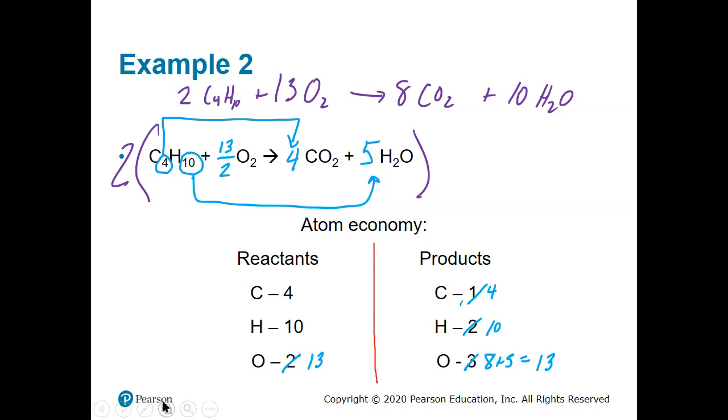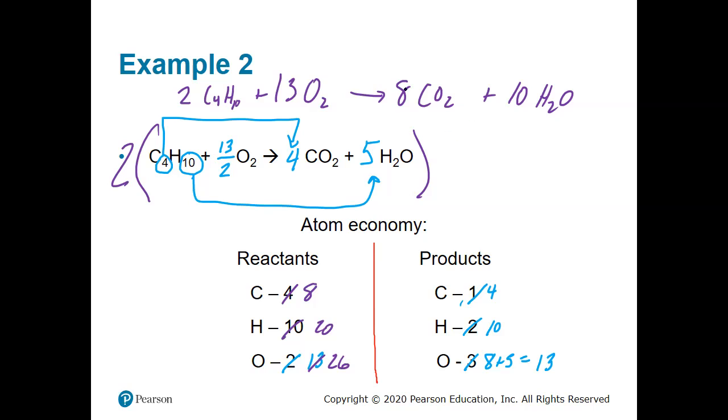Now we can double check our math, make sure that we get it right. Redo our numbers here. 2 times 4 is 8 carbons. 2 times 10 is 20 hydrogens. 13 times 2 is 26 oxygen. So that's my new reactant side of the equation.